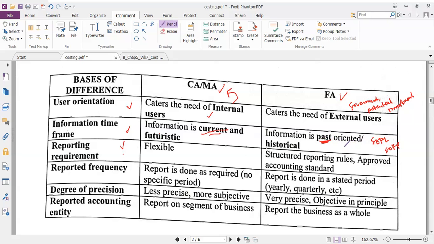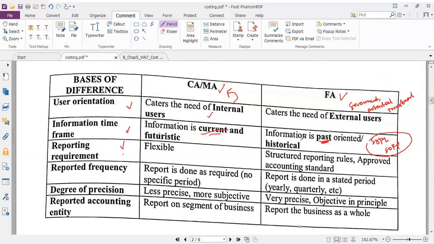Sebab apa? Kita akan bermula pada, okay, dia punya time frame start daripada awal tahun hingga akhir tahun. Akhir tahun baru kita akan sediakan financial statement. Okay, kita akan sediakan financial statement at the end of the accounting period.